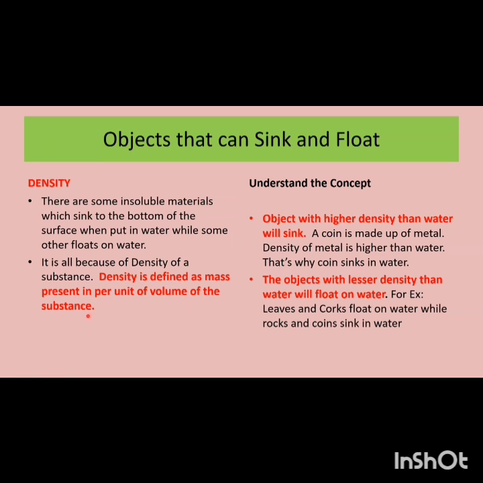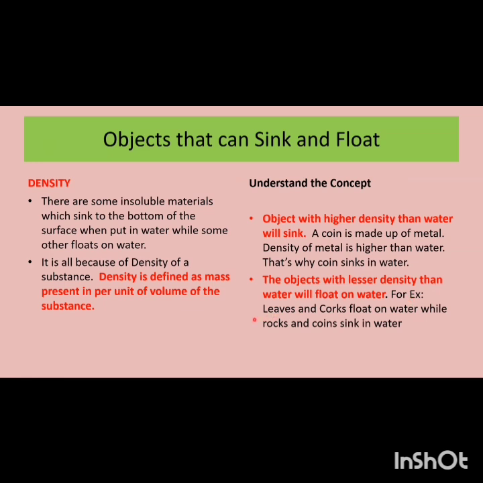Then which object will sink and which object will float on water? Objects with higher density than water will sink. A coin is made up of metal. Density of metal is higher than water. That's why a coin sinks in water. The objects with lesser density than water will float on water.